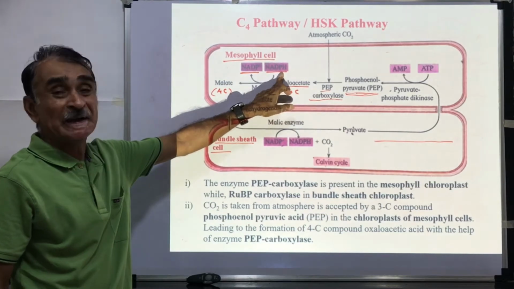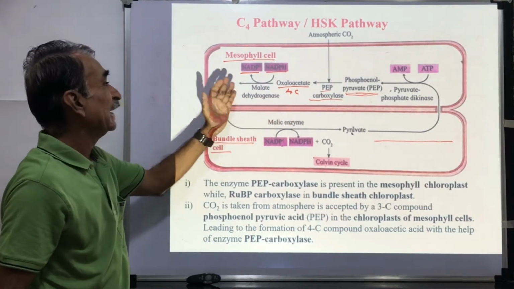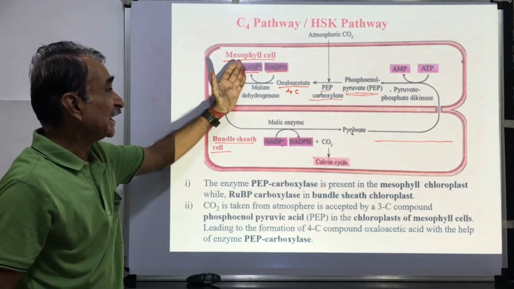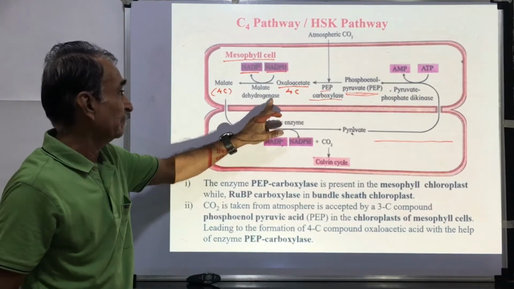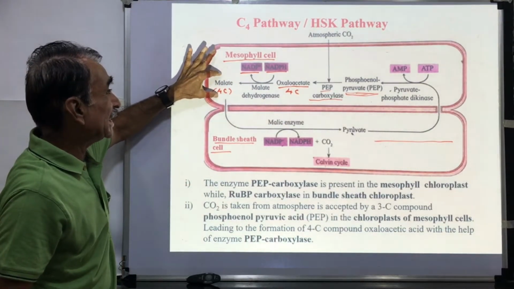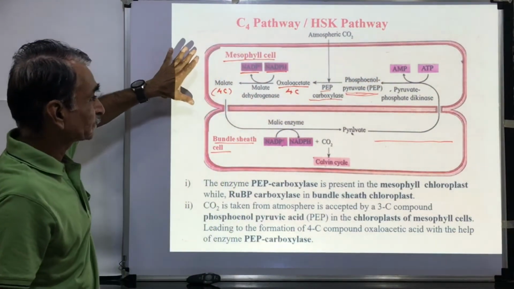Hydrogens from this NADPH are used for the reduction of oxaloacetate into malate. Thus, malate is produced in the mesophyll cells. This is the mesophyll chloroplast, we can say.